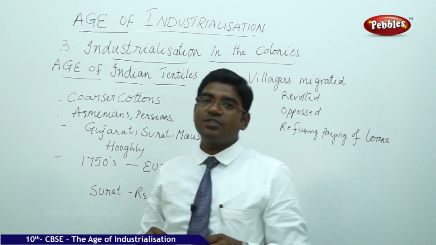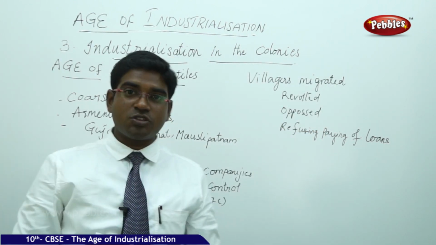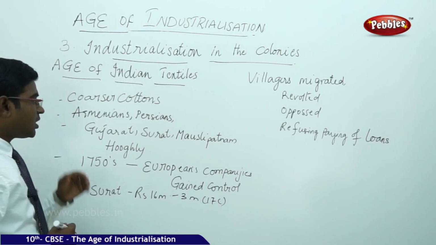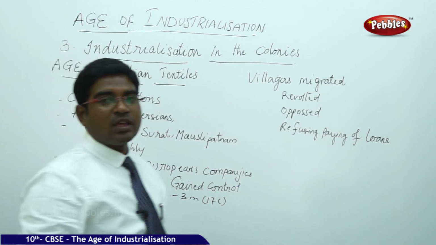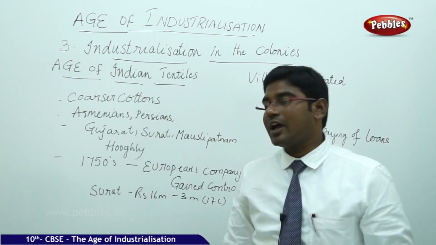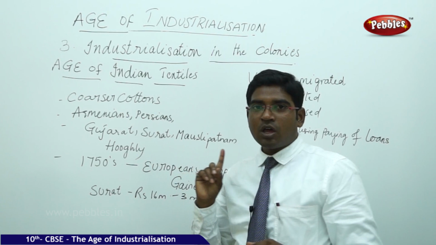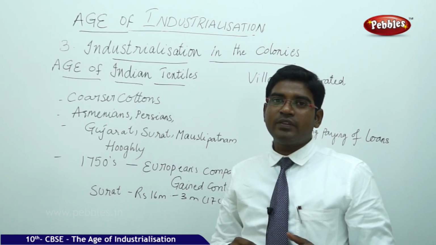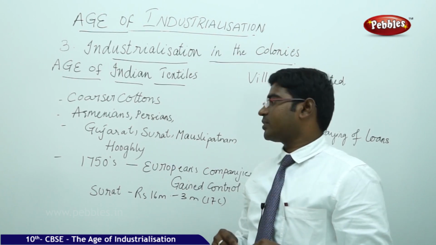And we also had a vibrant trade on the oceans, especially via the Arabian Sea from Gujarat and Surat. We also had ports at Masulipatnam on the Coromandel coast and Hooghly in the Kolkata region.